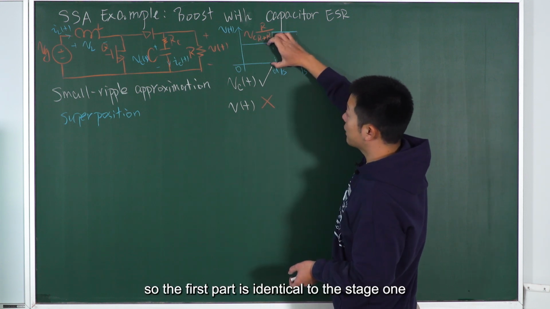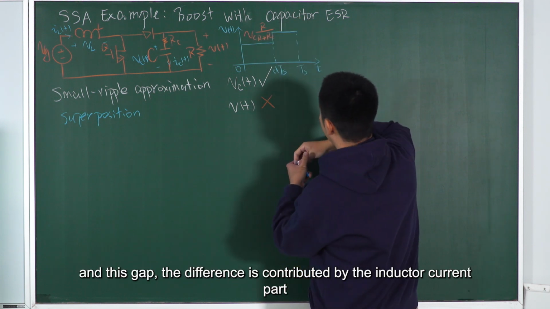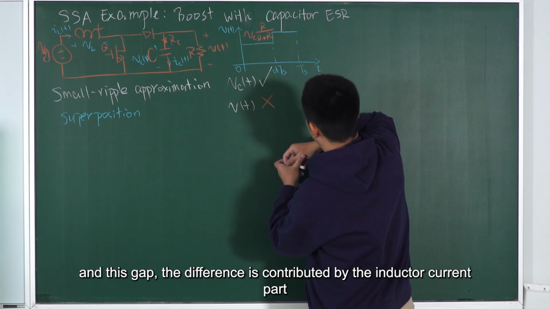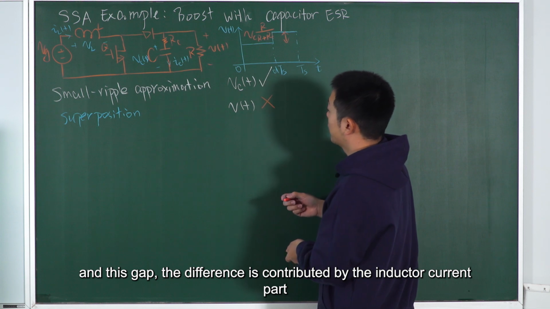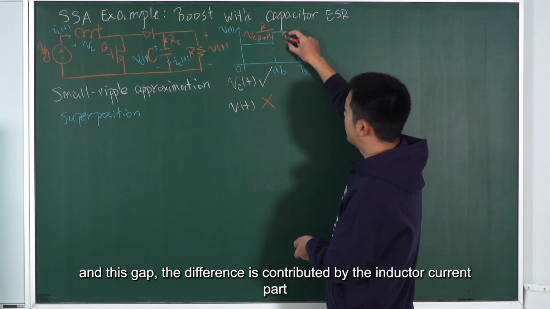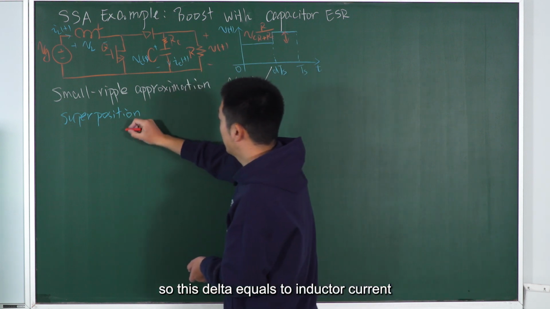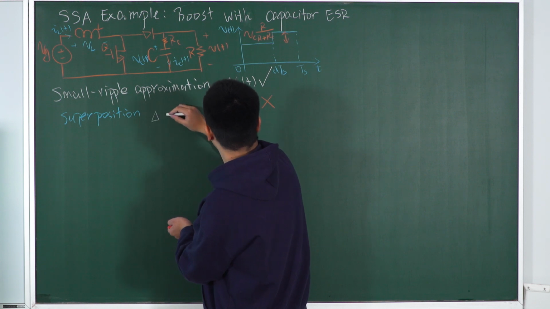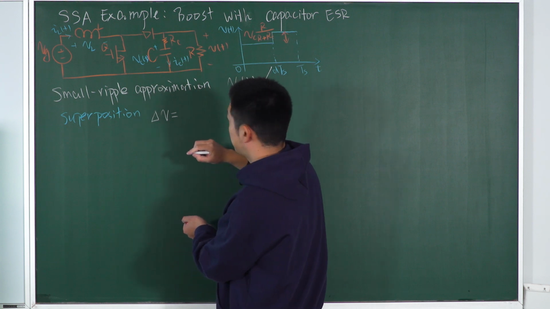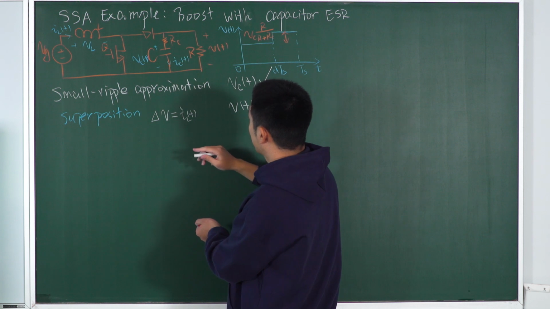The first part is identical to stage 1. And this gap, the difference, is contributed by the inductor current part. So this delta equals the inductor current contribution.